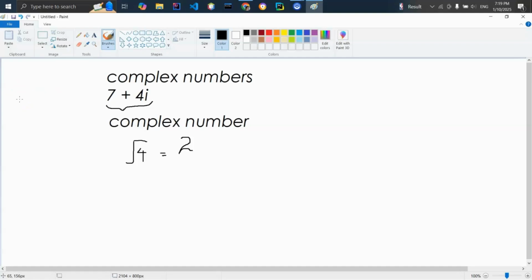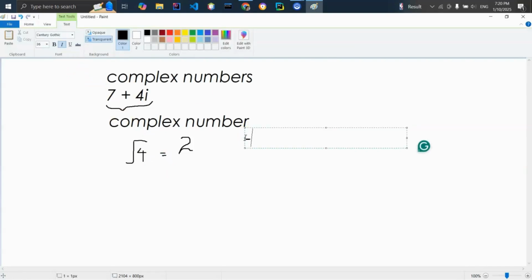But when 2 is positive, we can get 4 by multiplying 2 by 2. The square root of the number may be positive or negative because we can get this 4 via this 2 by minus 2.